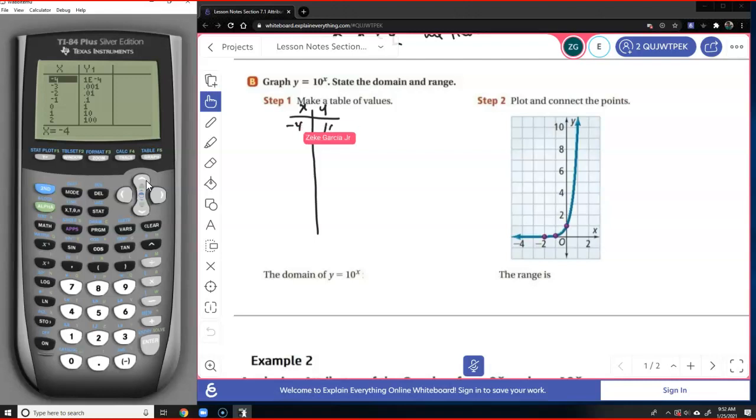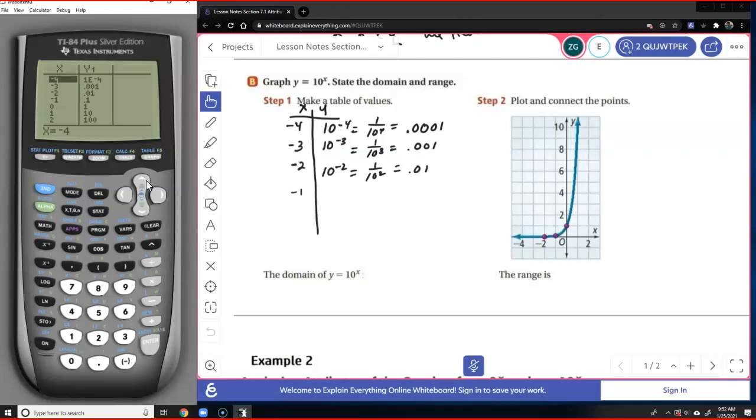So we have 10 to the power -4, which is 1 over 10 to the 4th, which is 0.0001. -3, we have 10 to the power -3, which is going to be 1 over 10 to the 3rd, which is 0.001. -2, we have 10 raised to the -2 power, which is 1 over 10 squared, which is 0.01.